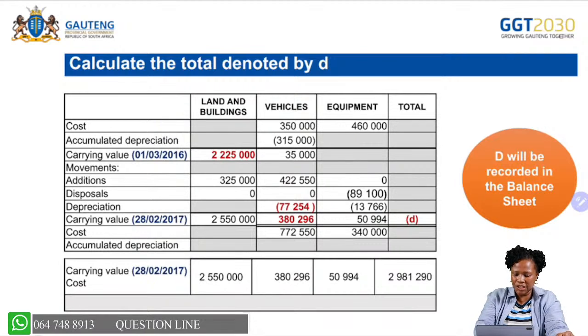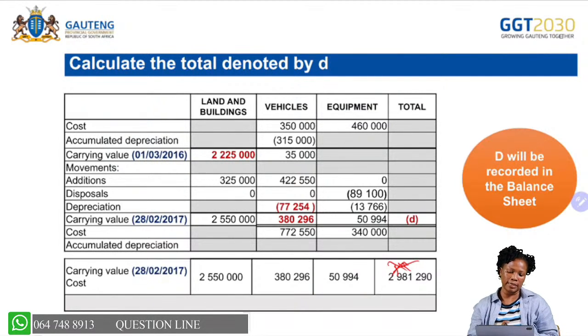Okay, let us check now. Our carrying value in this case, remember we are not depreciating. So we'll have our 2,550,000, and then we have 382,996. We have this figure, and then this is the figure that goes to our structure as we prepare our statement of financial position. I hope, learners, you understand this part.